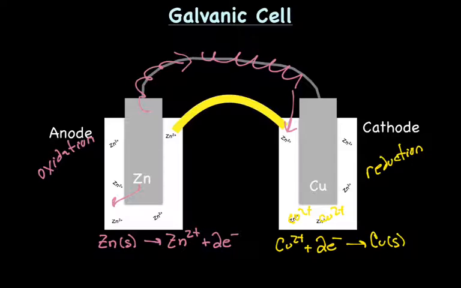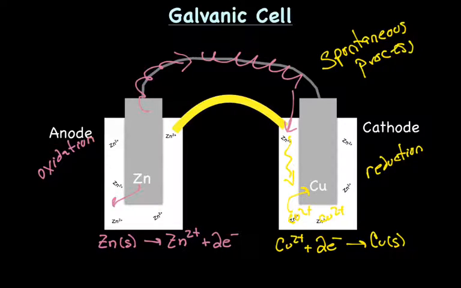So the electrons go into the solution, hitting the copper 2 ions, which then make solid copper. And this is a spontaneous process. Spontaneous process. That is a galvanic or voltaic cell.